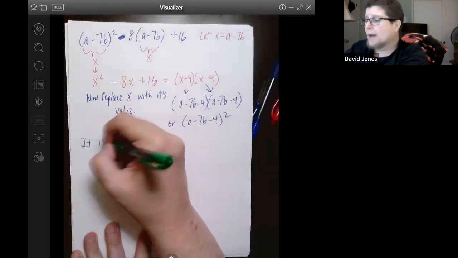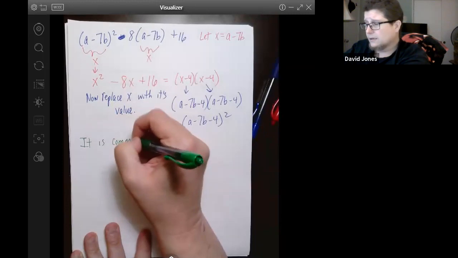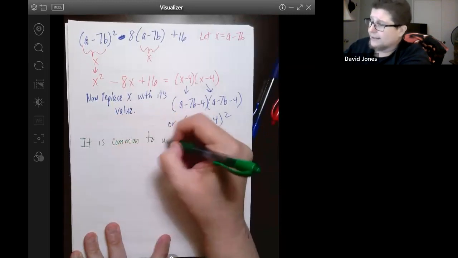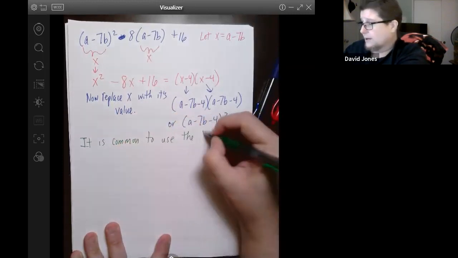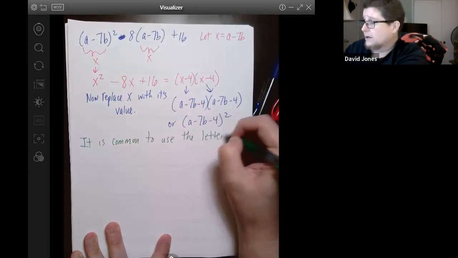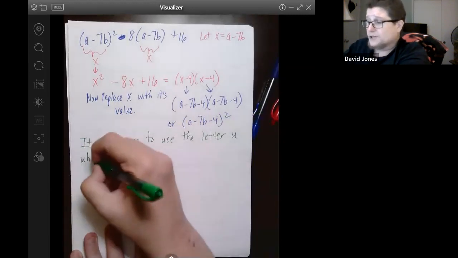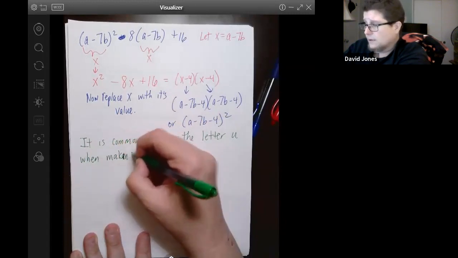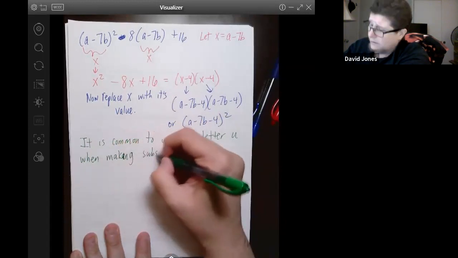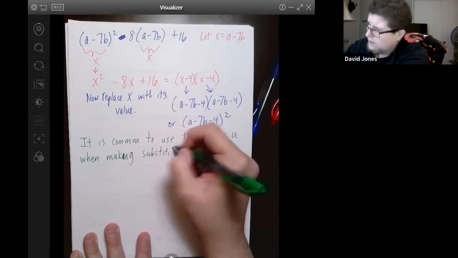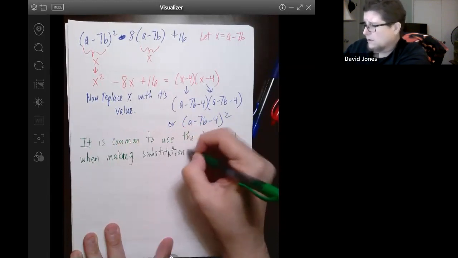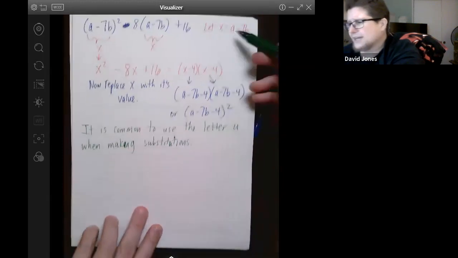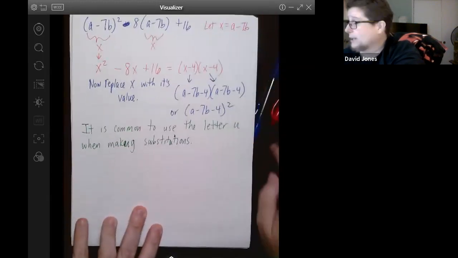It is common to use the letter U when making substitutions. I used x here because that's what you're familiar with.